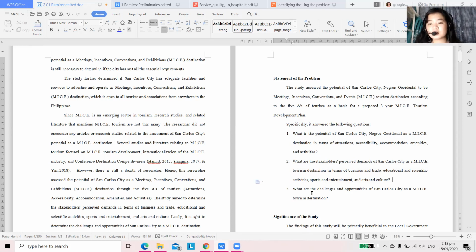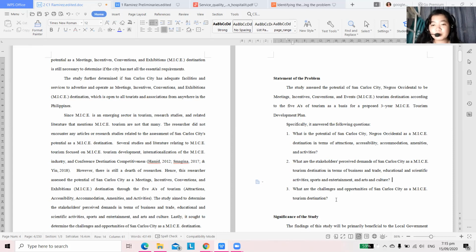So you also need to consider, class, what the opportunities are if we become a major host for major events or conventions, and what the challenges and difficulties are. Maybe if we host national competitions, ma'am, there may be a challenge in accommodations or transportation. Or the challenge is pollution, since with the influx of tourists, many will come here, so we can't control littering, they throw away their garbage.